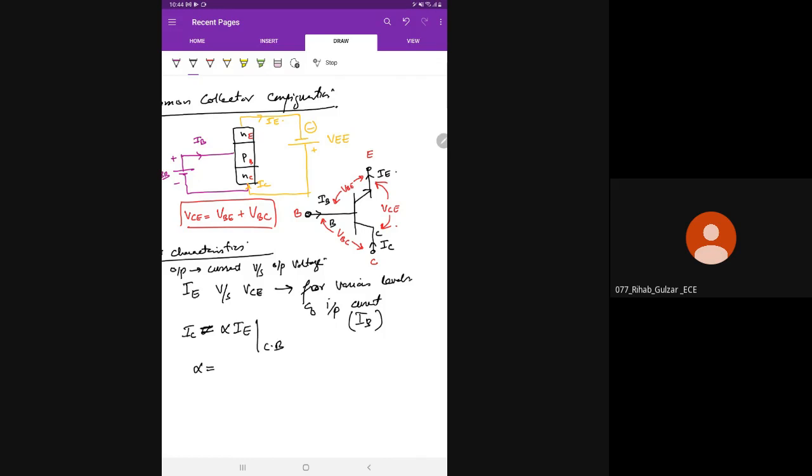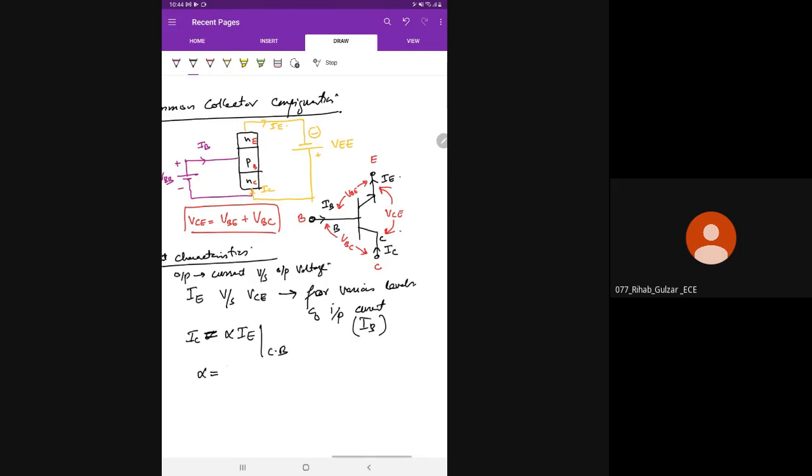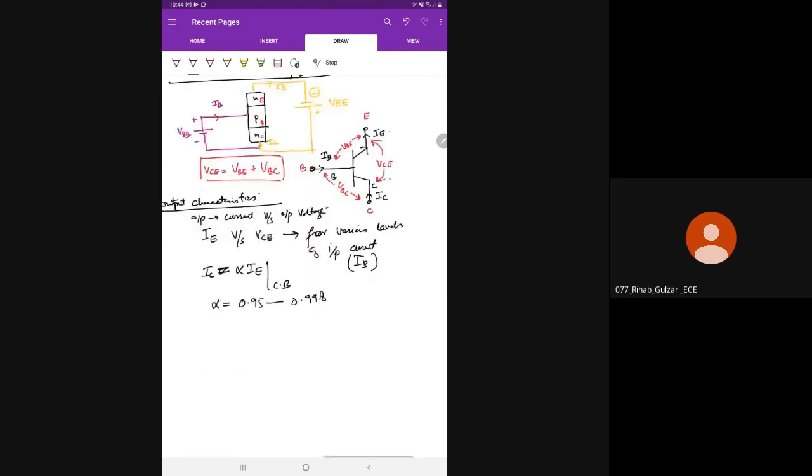Alpha is current gain, and its value is 0.95 to 0.998. We have already discussed it. So if we consider that its value is 0.998, it means it is closer to 1. And in that case, we can say IC is nearly equal to IE.